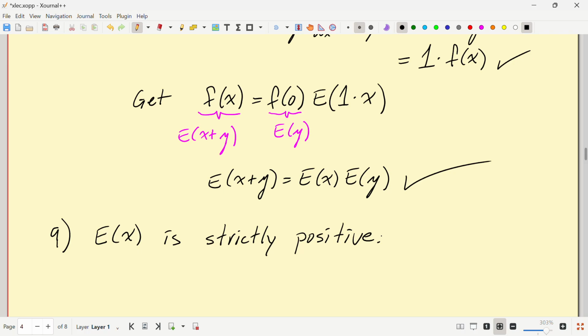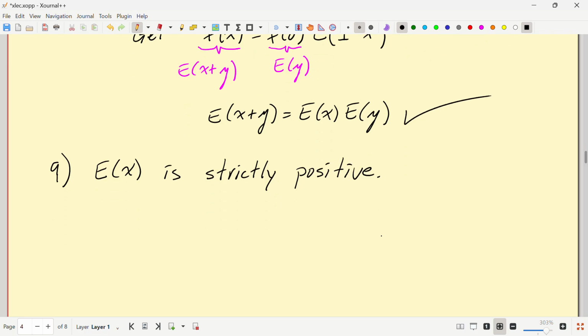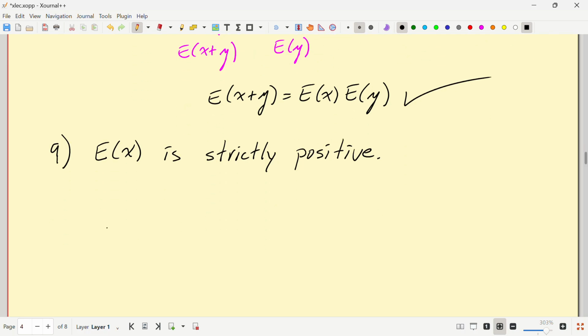Well, I know it's never 0. So how would I show that it's strictly positive? If it was negative somewhere, I would have to think about what happens. Here's e of x. It's never 0. And at 0, it's equal to 1.